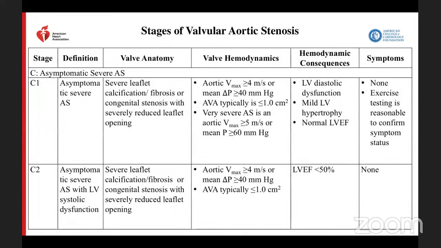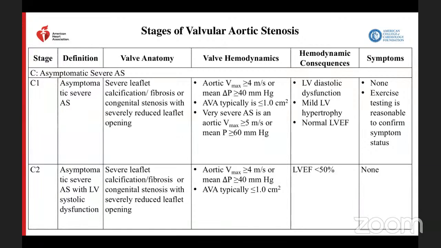For asymptomatic severe AS, we can categorize them into C1 and C2. Class C1 is asymptomatic severe AS. The valve will have severe leaflet calcification, fibrosis, or congenital stenosis with severely reduced leaflet opening. The patient will have aortic velocity of more than 4 meters per second or mean gradient pressure of more than 40.